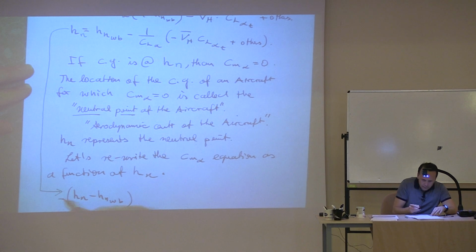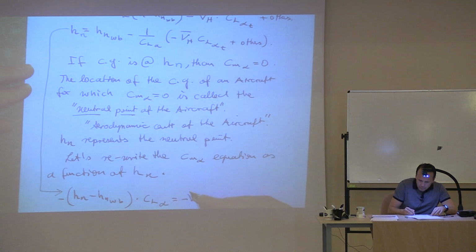There will be a minus times Cl alpha is equal to this part, minus Vh Cl alpha T plus others.